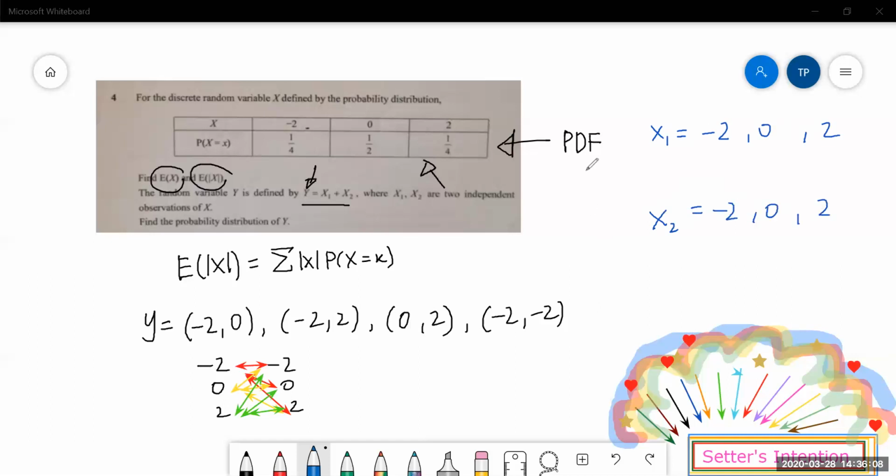So in the event where x1 takes on -2 and x2 takes on -2 also, we will have to use 1/4 times 1/4. Understand what I'm trying to say? Why? Because we want x1 to be -2 and x2 to be -2.